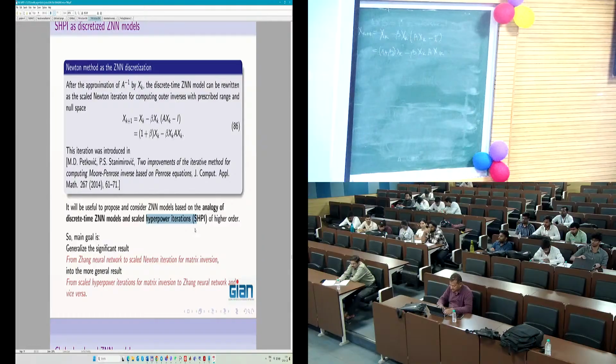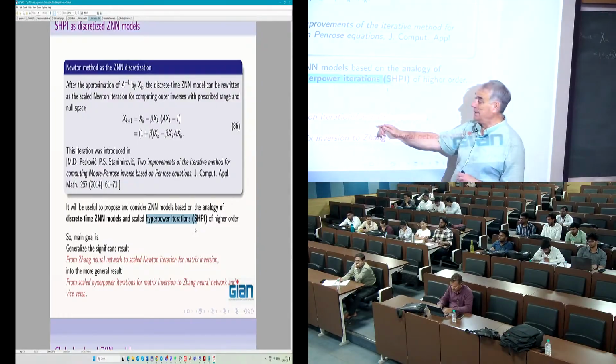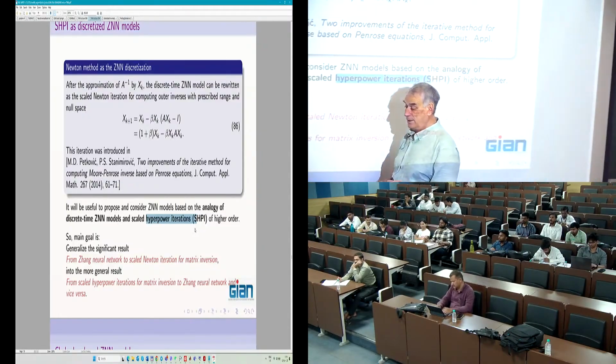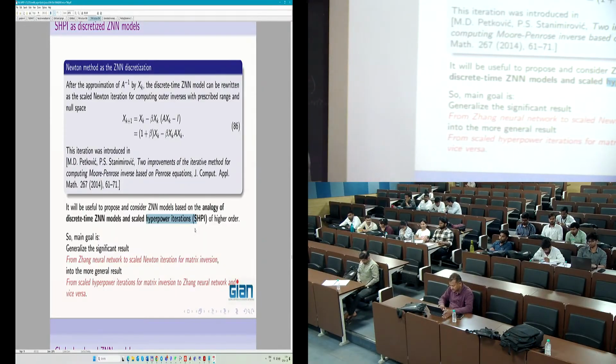It was a known result that the discretization of the ZNN obtained a scaled Newton iteration for matrix inversion.